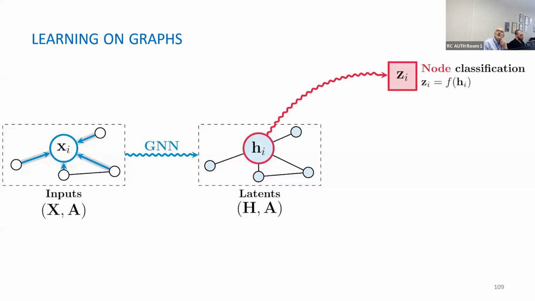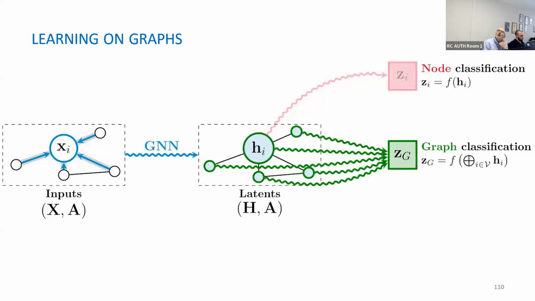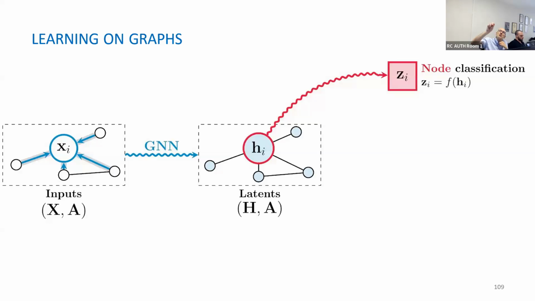Of course, different methods account for the neighborhood nodes in different ways, and it also depends on the final goal of our application, of our network. For example, if we would like to perform node classification, we can have this solution where the output provides a classification for every node. This is one of the possible outputs.